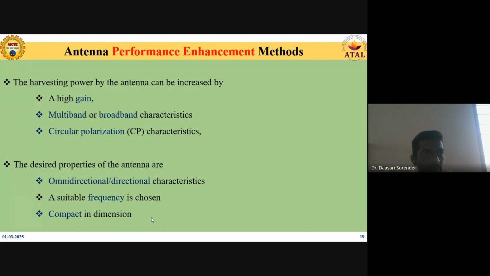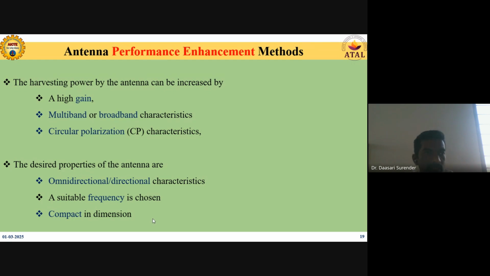Because if the polarization is different, then the receiving antenna, usually the antenna in the rectenna system is used at the receiving site, cannot collect the maximum power available near that antenna. So due to that, polarization is important. If a polarization mismatch is there, then maximum power cannot be harvested by the rectenna system.